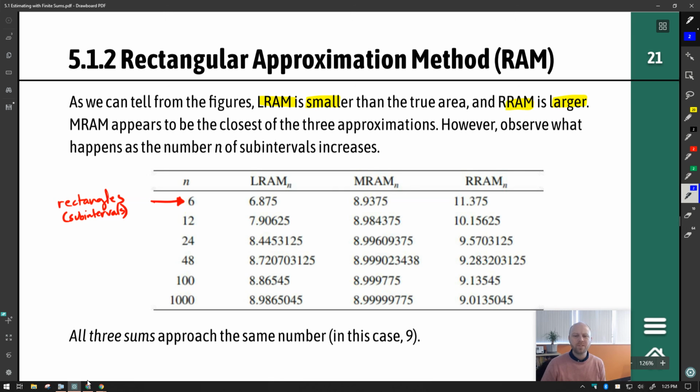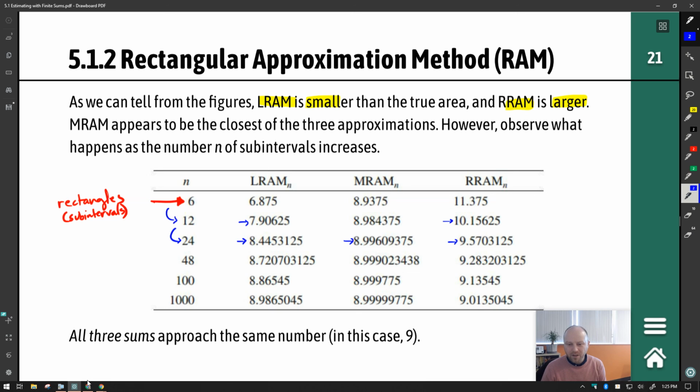But watch what happens when we increase the number of rectangles. When we go to 6 rectangles, LRAM gets a little bit bigger, RRAM gets a little bit smaller. We go to 24, so we're doubling the number of rectangles. Now, LRAM gets a bit bigger, and RRAM gets a bit smaller. MRAM just seems to be kind of perfecting itself. Then we double it again, we get to 100, we get to 1,000.